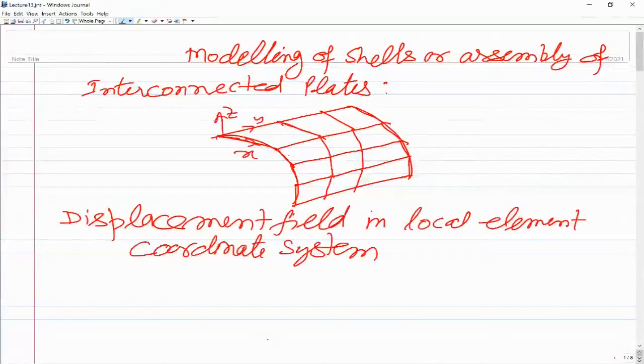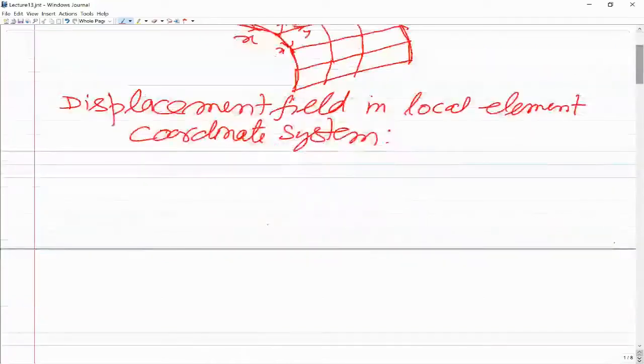But for this other element, you see the orientation of the x is going to be different. This can be x, this would be y, and this would be z. z would be normal to the x and y plane. So the orientations are different. So first I am talking about the displacement field in the element local coordinate system.